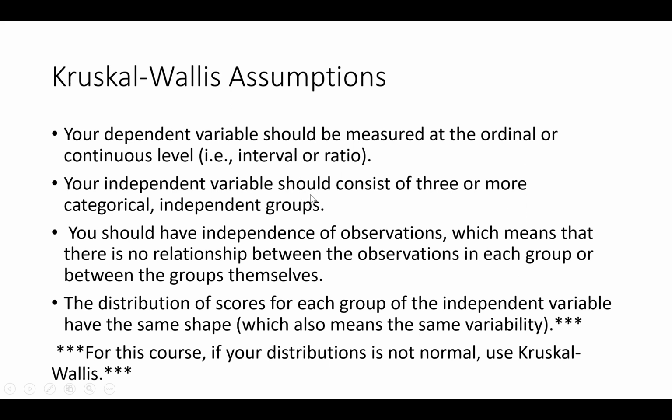Your independent variable has to be 3 or more categorical independent groups. Okay, so again, you still have that idea of the response and the factor. In this case, if it'll let me write it, let me see if it.